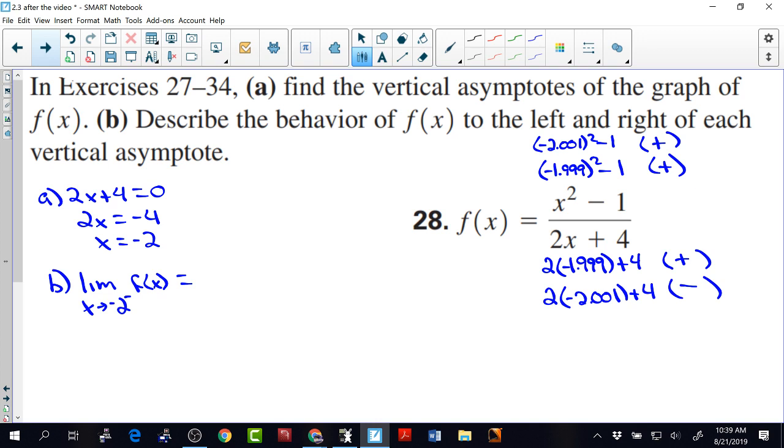That's to the left, so this will be -infinity. Limit as x approaches -2 from the right. This is on the right side, right here. That's right side, and it didn't matter on top. So positive over positive is positive infinity, or just infinity. Any questions on that? All right.